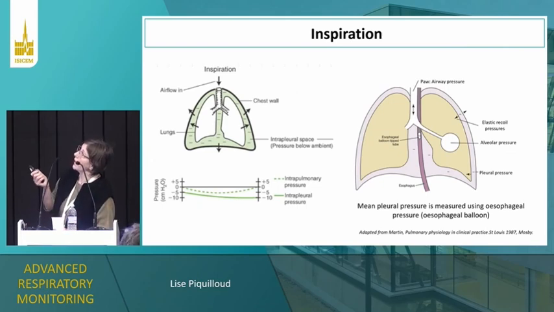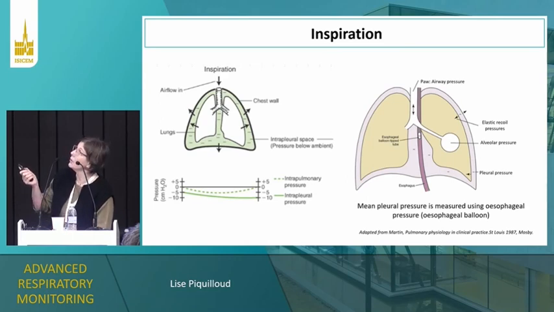And we can measure that by using an esophageal balloon here, put in the third or distal part of the esophagus, because as you can see here, we are very close to the pleural space, and by measuring the pressure here inside the esophagus, we can relatively well assess the mean pleural pressure.